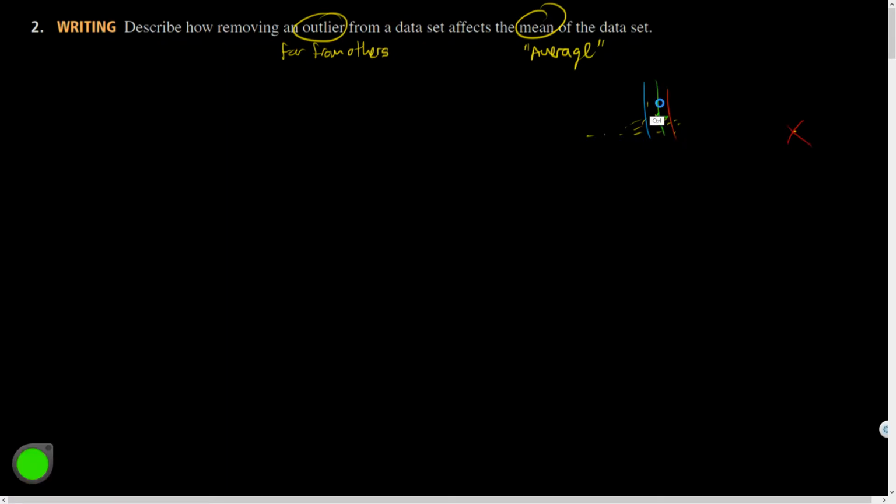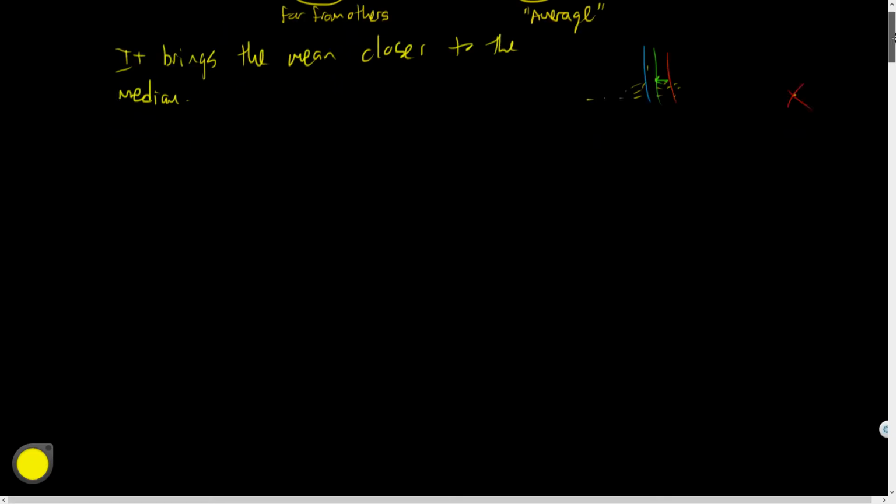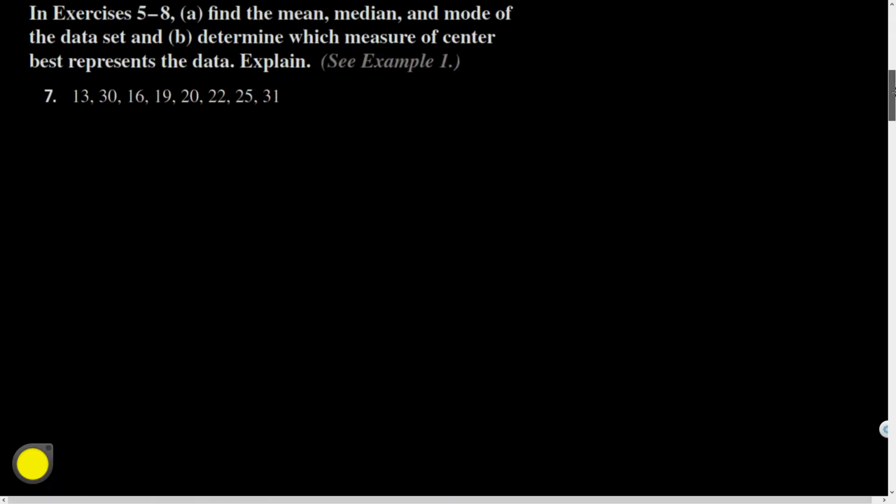It will bring the mean closer to the median. So that's the answer. It brings the mean closer to the median. And as far as mean, median, and mode, we'll talk about sometimes which of those is the best measure of center because it depends on your data set.